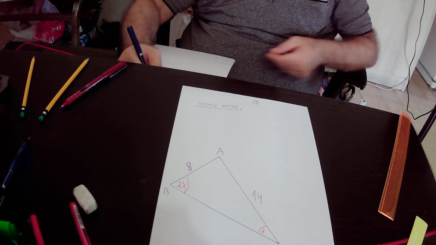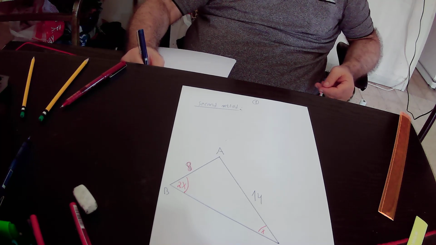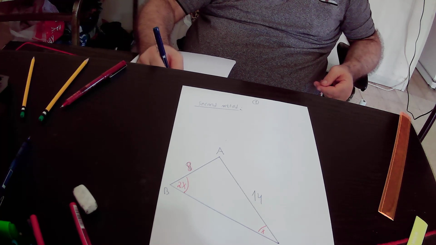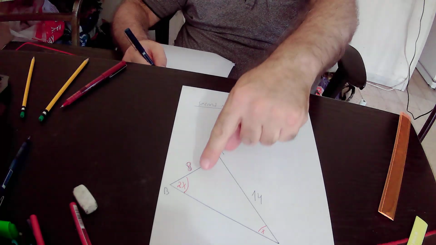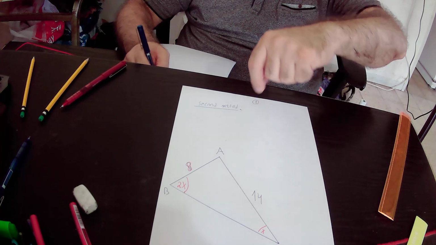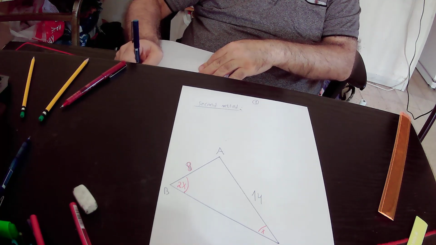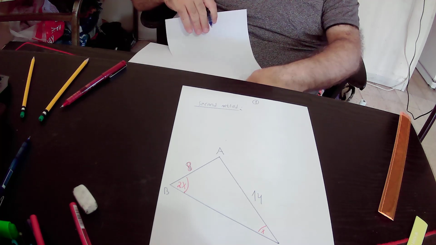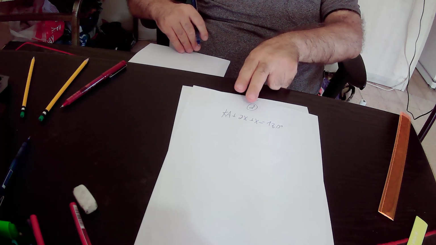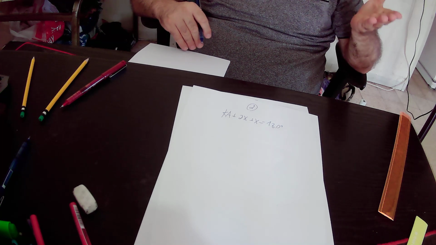So angle A plus angle B, that is 2x, plus angle C, that is x, must be equal to 180 degrees. That is to say, A plus 2x plus x equals 180 degrees.